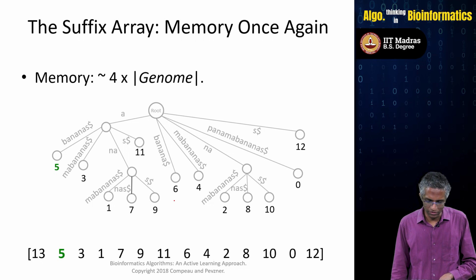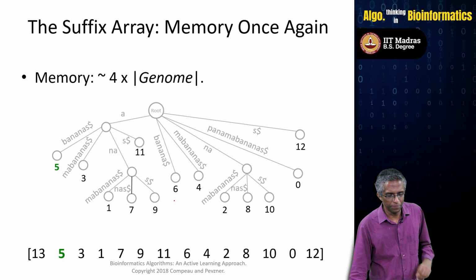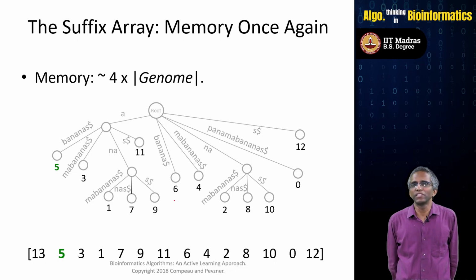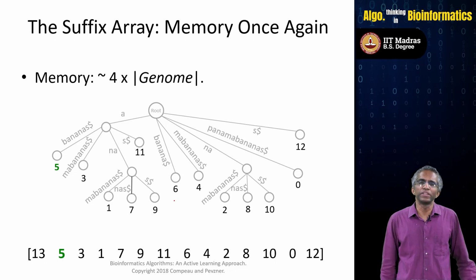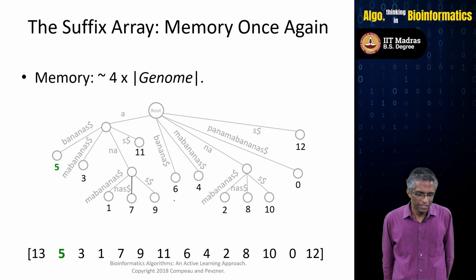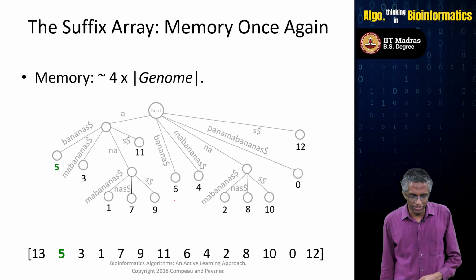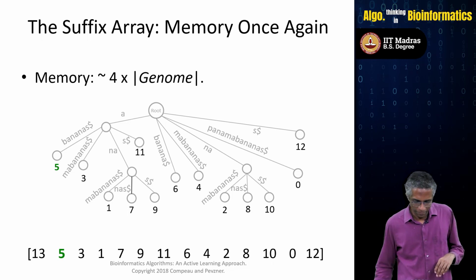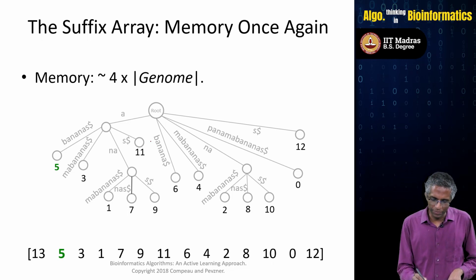And here is basically this slide. In 4 times the size of the genome, it is achieving what is happening in 20 times the size of the genome in suffix trees, right? And then there is also a correspondence here, in the sense of the ordering in which this is happening.